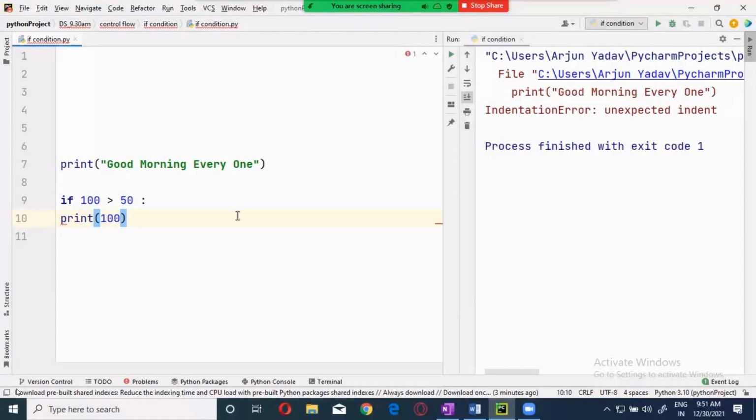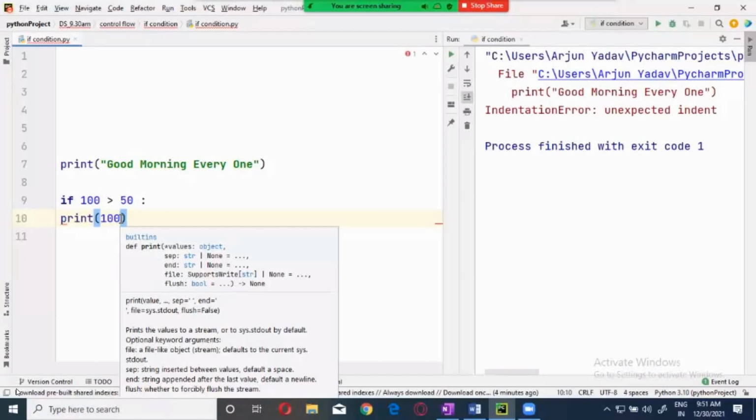Will this work? No. Why? Why do you want to give the indentation? This is a statement, right? What's wrong with this statement?